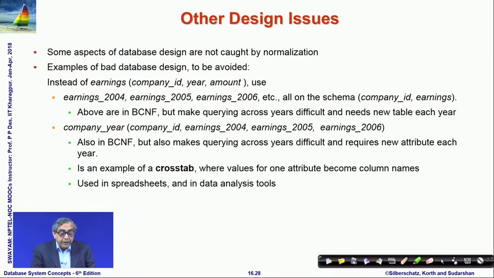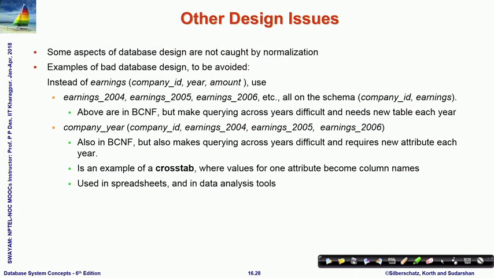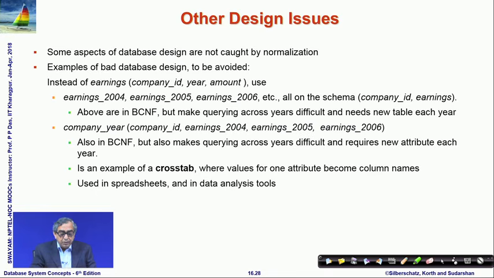The other way could be that every new year you start a new column, where your earnings from different years are shown in different columns. So, basically every year you have the result in terms of a different attribute. That also is not a very good solution for a database.